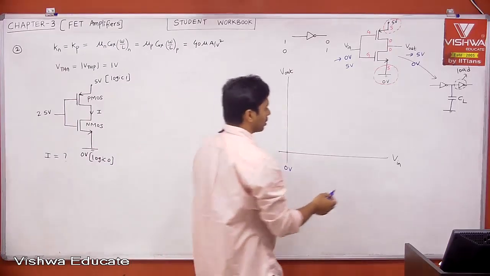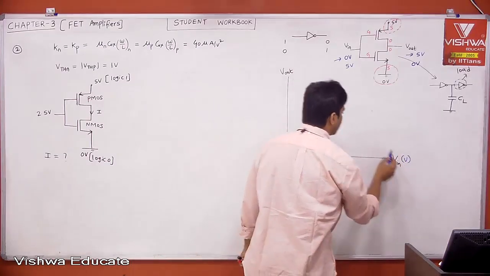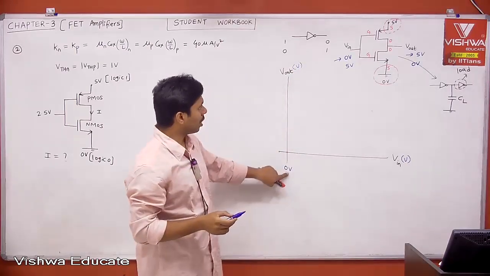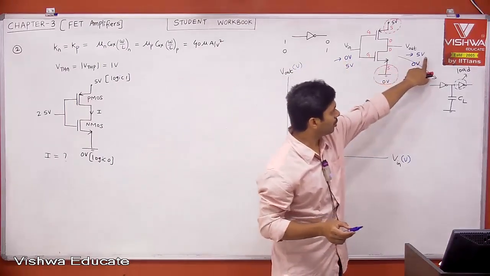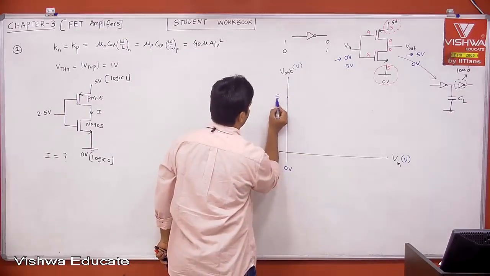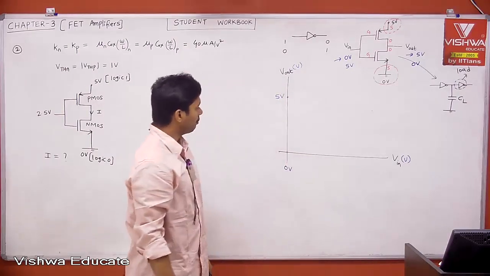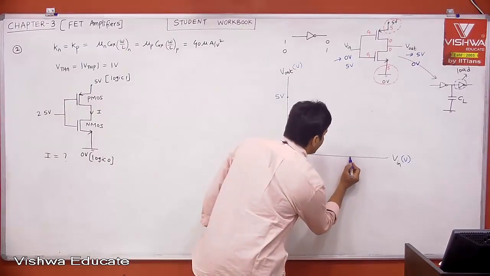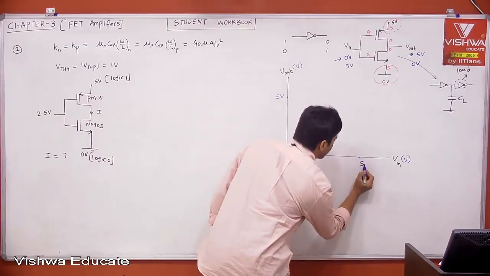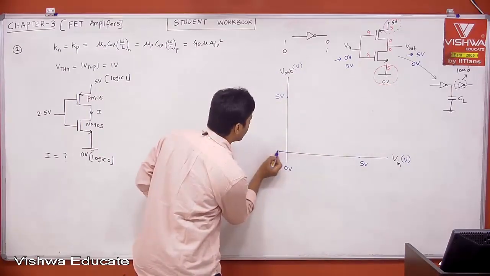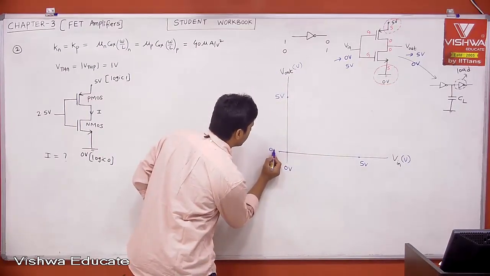When input is 0, what is your output? Output is 5. Let us say this is 5. When input is 5, what is output? Output is 0.